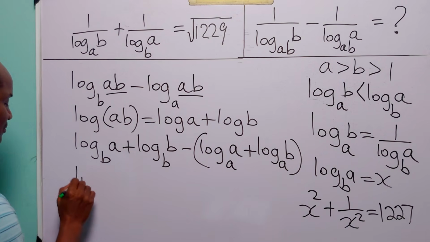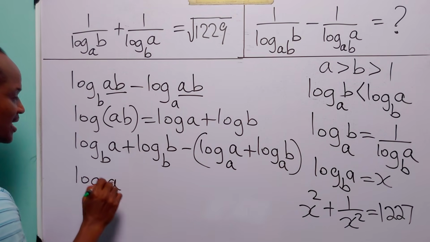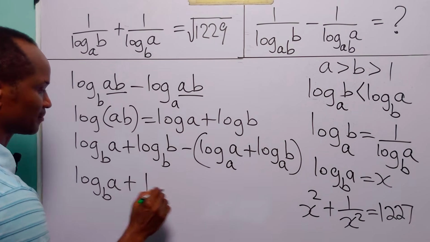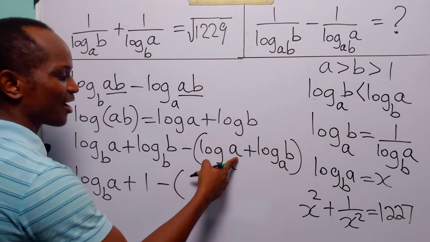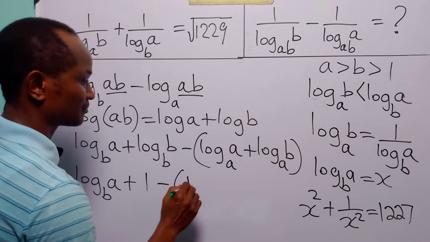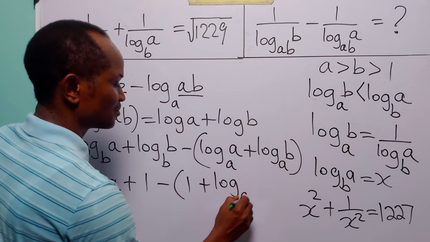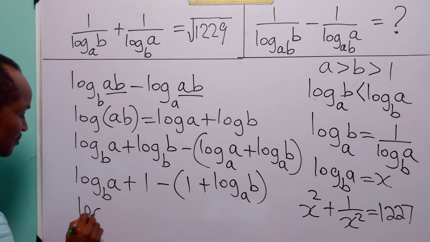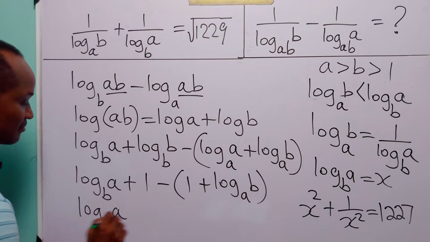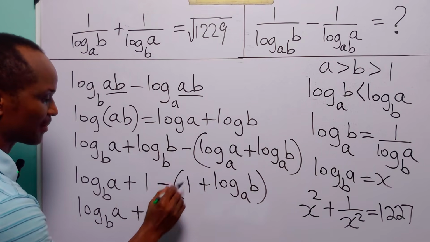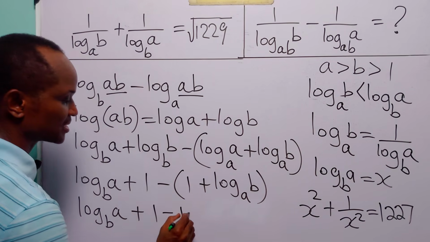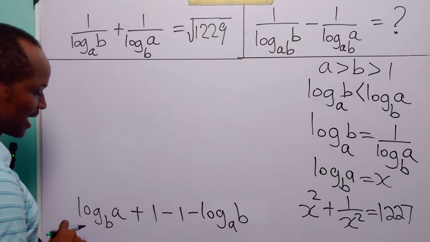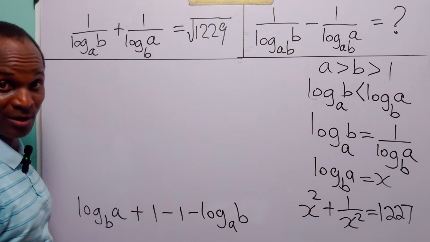Now, from here we have log to base B of A plus log to base B of B is equal to 1 minus log to base A of A is equal to 1 plus log to base A of B. Opening the bracket, we have log to base B of A plus 1 minus 1 minus plus is minus log to base A of B. And of course, 1 minus 1 is equal to 0.